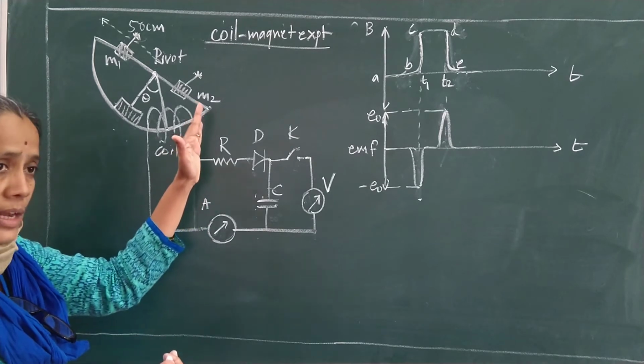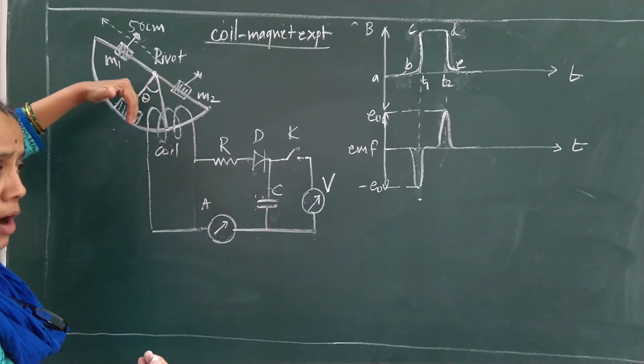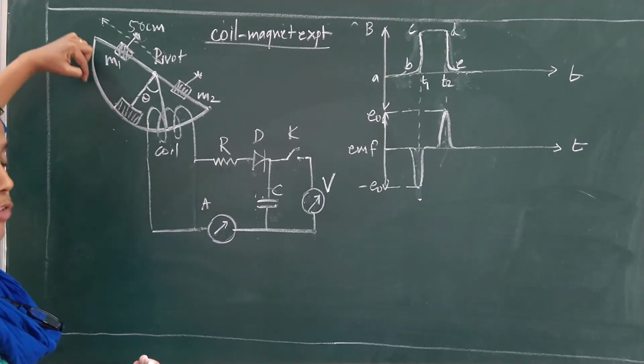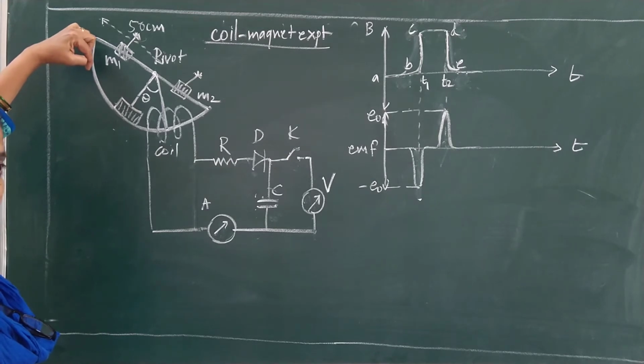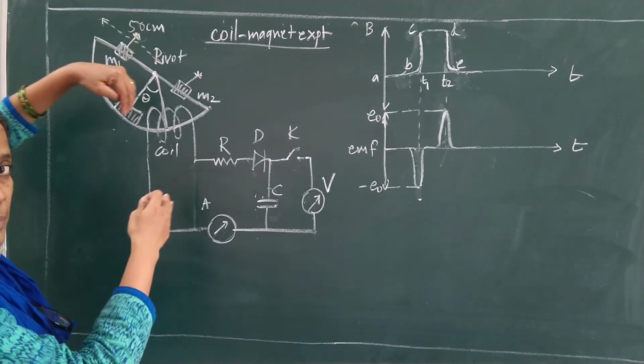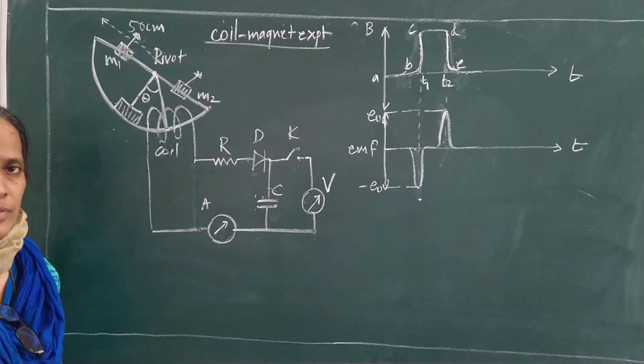When the arch swings back, the magnet moves away from the coil, and the magnetic flux decreases. That decrease in magnetic flux gives a decrease in the induced EMF.